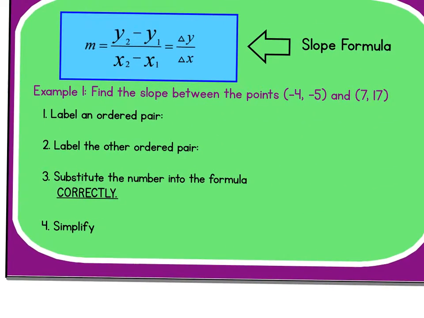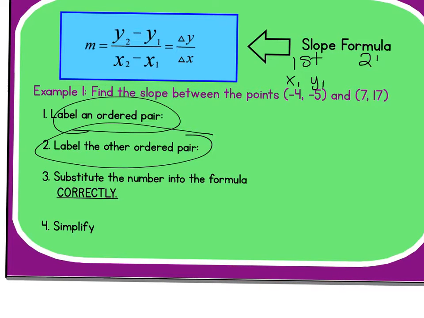We're just going to continue practicing and practicing until you get used to using this formula and used to practicing with these steps. So for the next one, I have to label an ordered pair. This is going to be my first one. I've got x1 and y1. Then I've got to label the other ordered pair. I'm going to call it my second point. I have x2 and y2. Now I substitute into the formula.